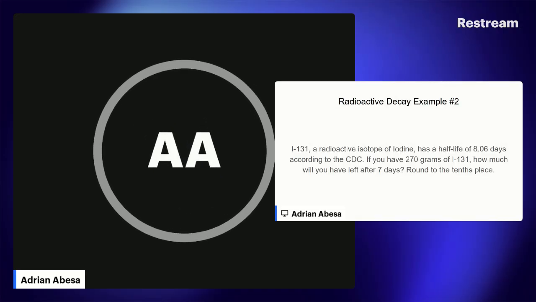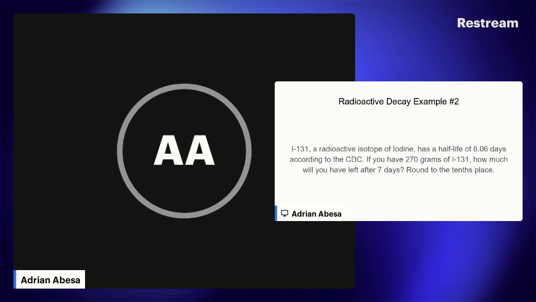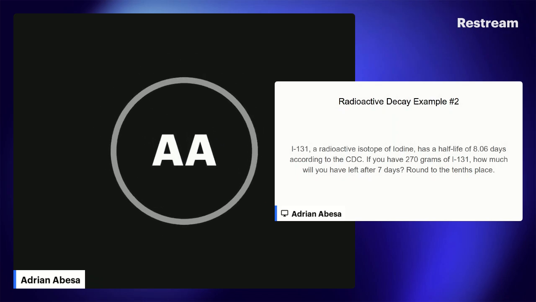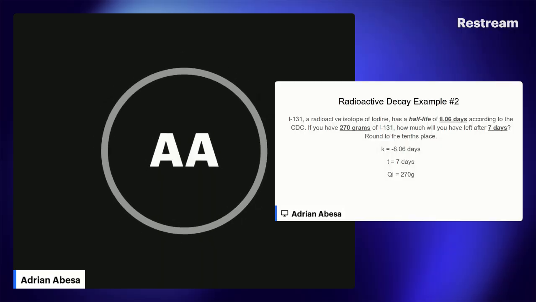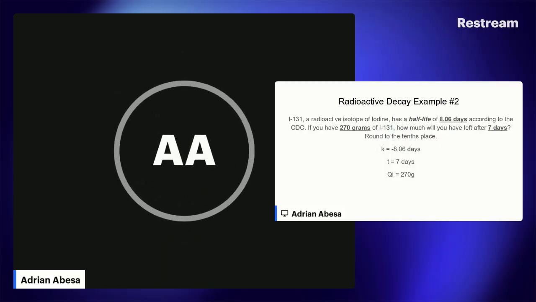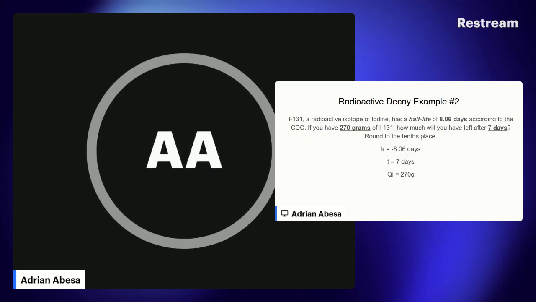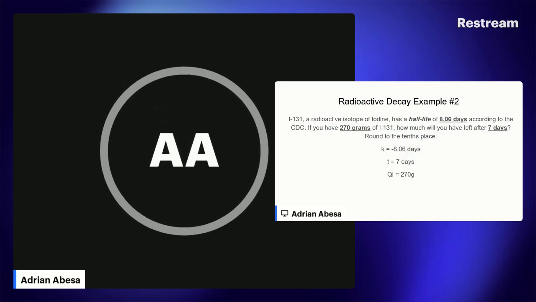If you have 270 grams of this iodine isotope, how much will you have left after 7 days? Round to the 10th place. So what we're going to do again is we're going to dissect it. So this time, you can see the term half-life. So that is typically a chemistry term that suggests decrease. So this is radioactive decay.